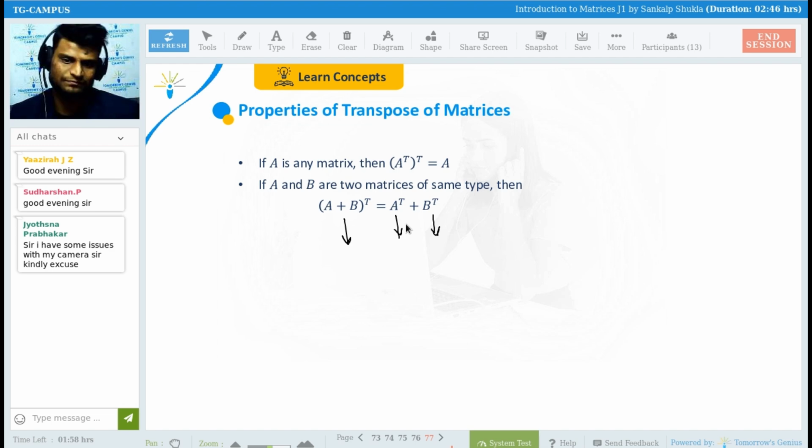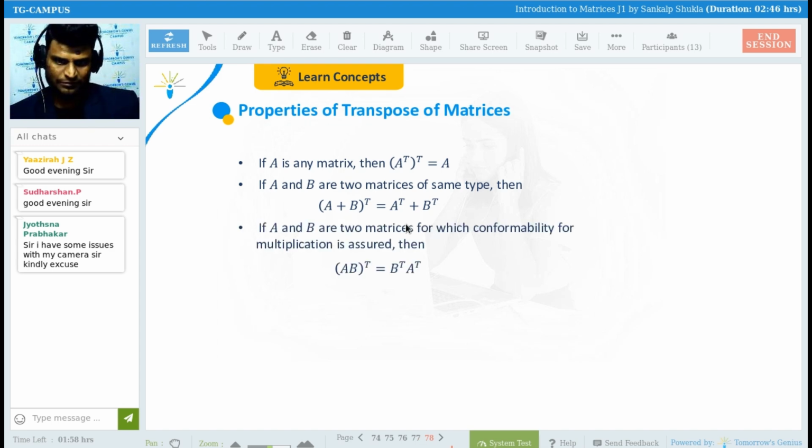The result will be same. This you can check also. Okay. Please note down.